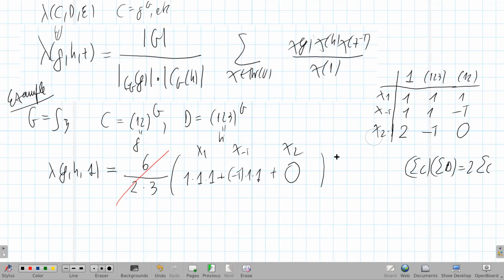Plus 0. So this is 0, as expected, because I have exactly the 3 distinct elements. So I have to take the product of these 3 values in one summand, because this z is 1, this is 1, 2, 3, and this is 1, 2.